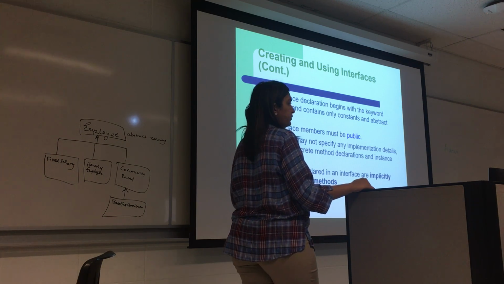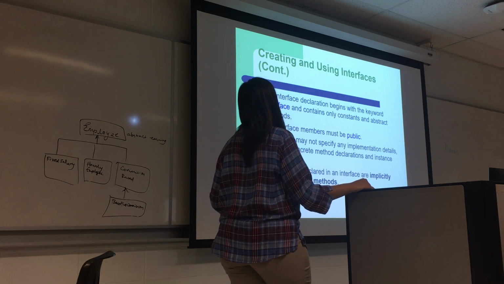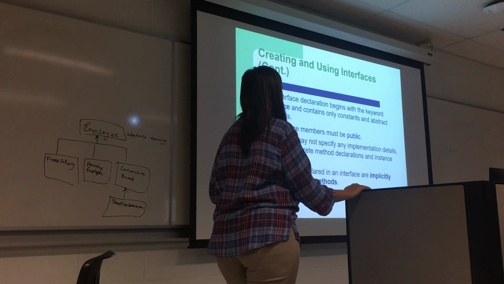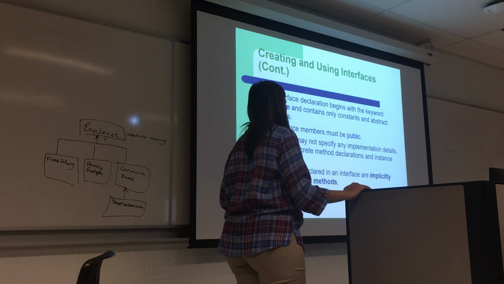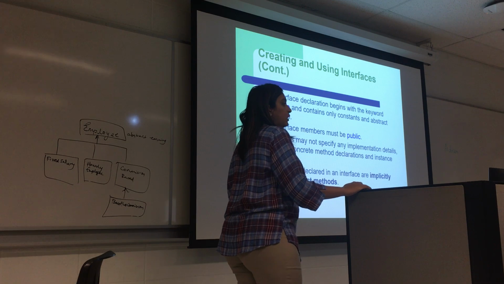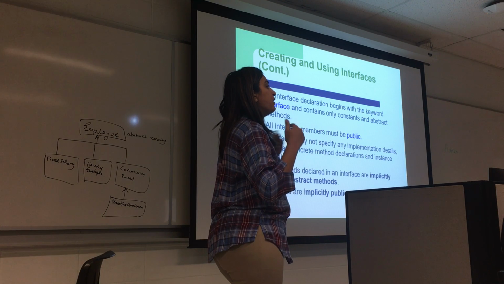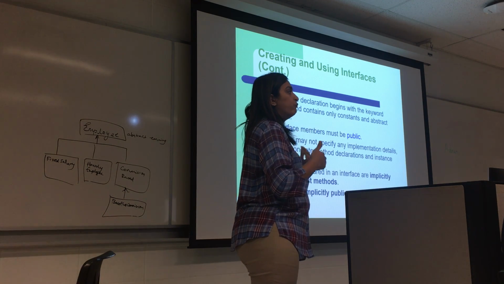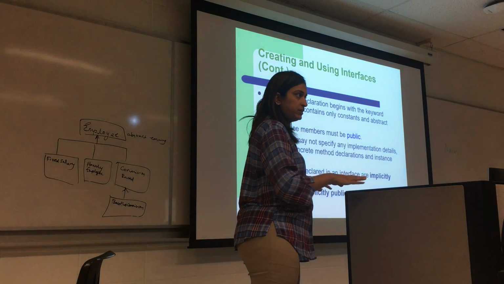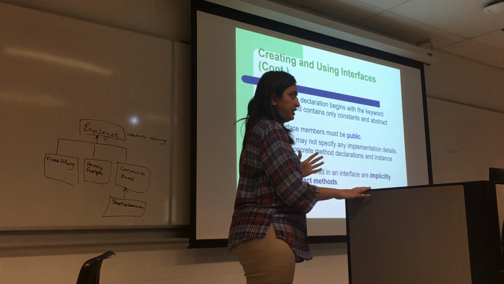And all the members must be public. And you may not specify any implementation details. Now here, I have already mentioned that interfaces will not have the functionality, or what needs to be done, inside them, right?